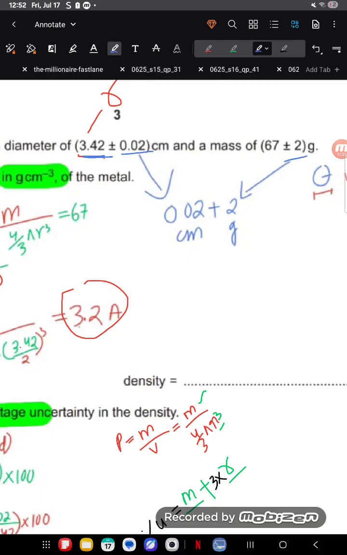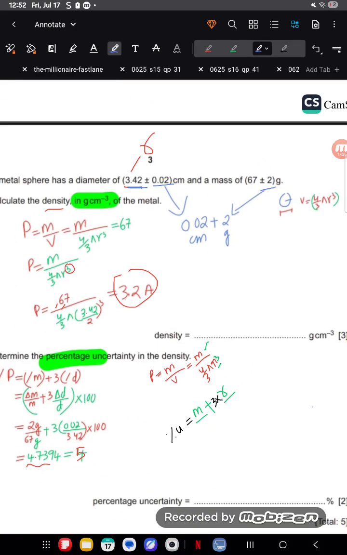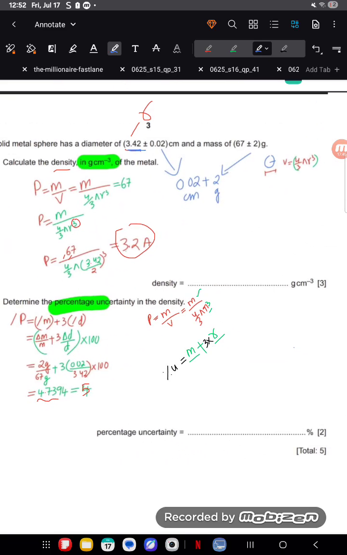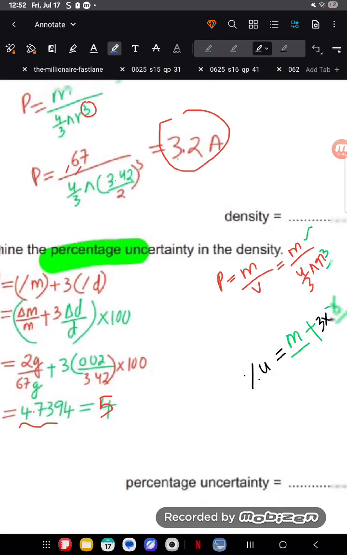So first you will write, see here, so you will write like this, right?